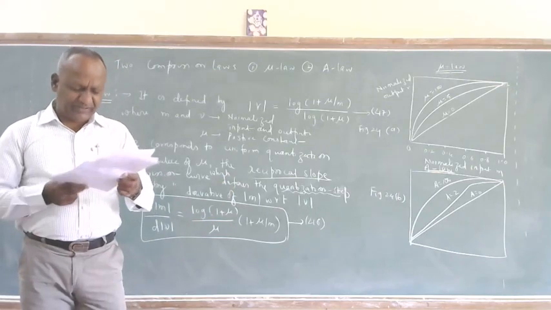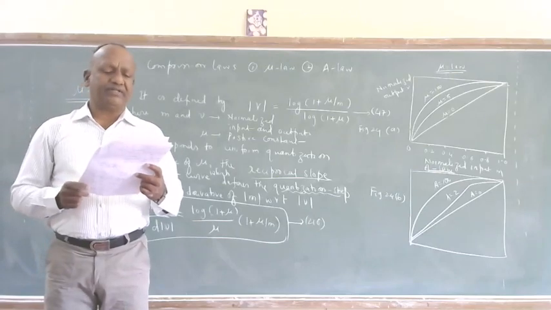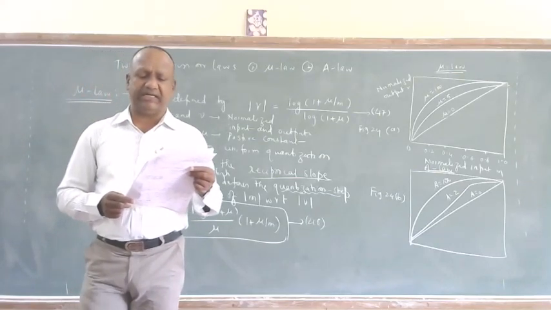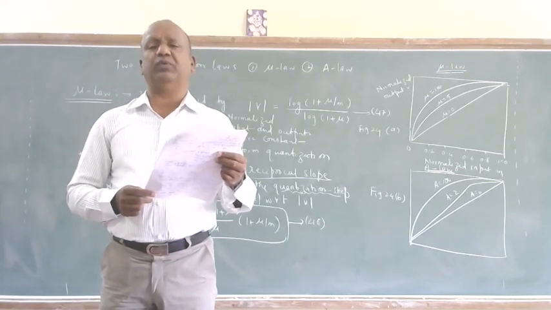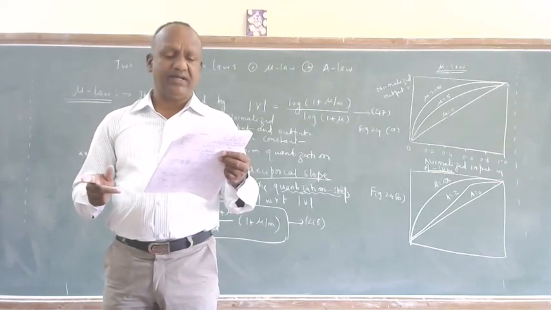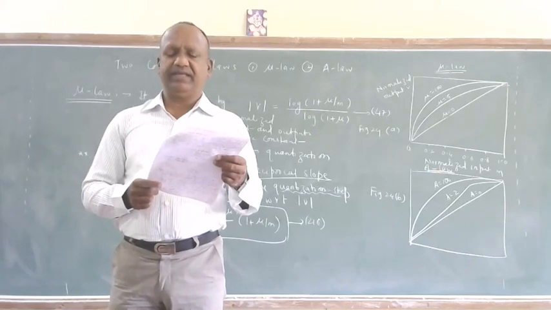Thus, we see that mu law is neither strictly linear nor strictly logarithmic, but it is approximately linear at low input levels, and approximately logarithmic for high input levels.